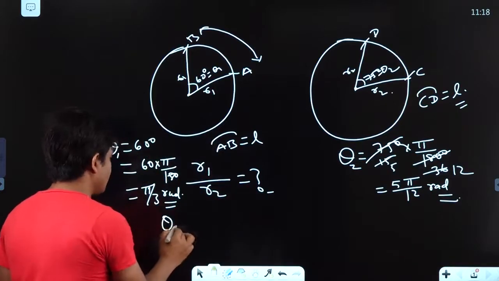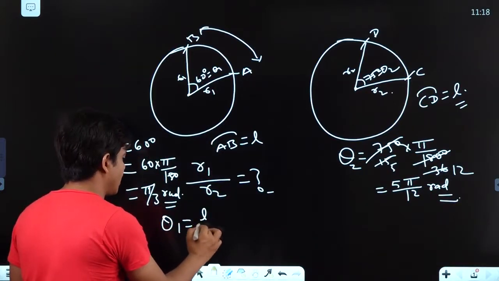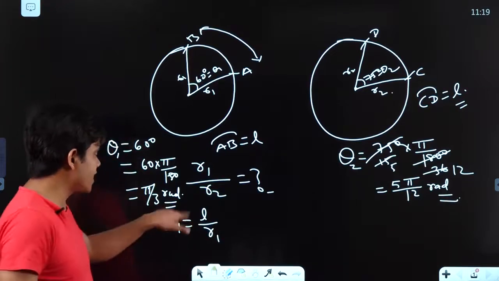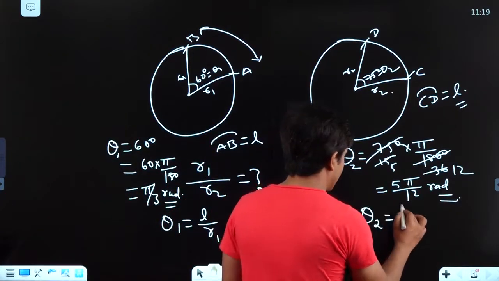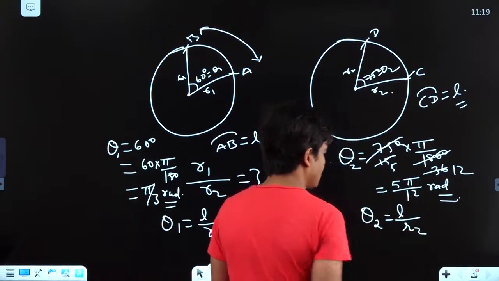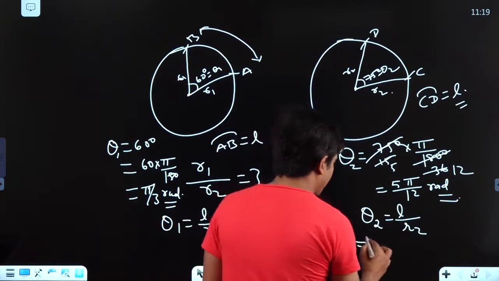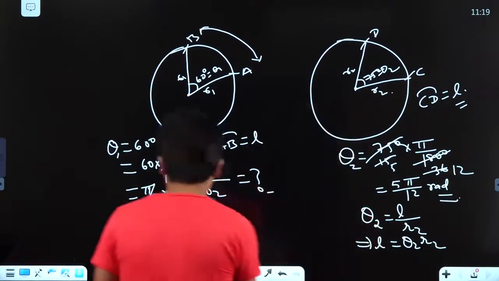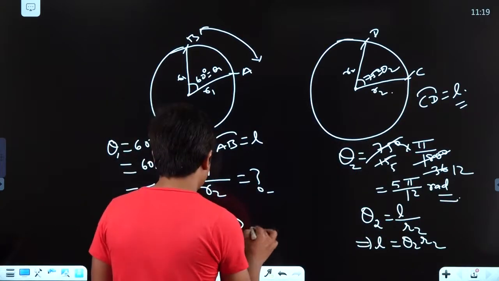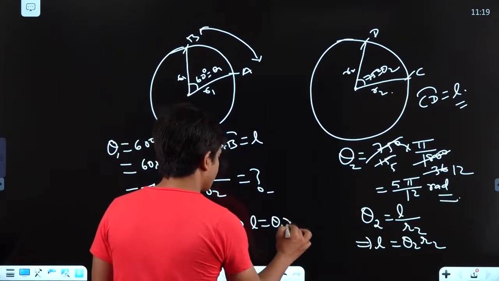So the formula will be: theta 1 is equal to L upon R1. Why? Because L is the same for both. Theta 2 will be L upon R2. So our L will be theta 2 R2 and our L will be theta 1 R1.